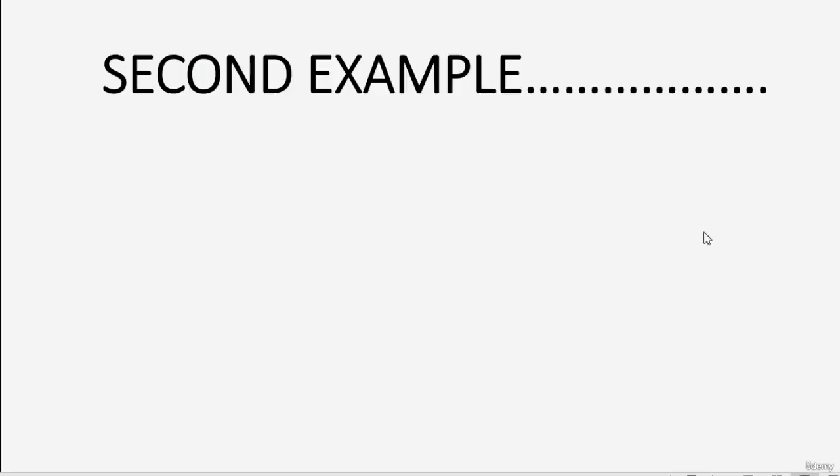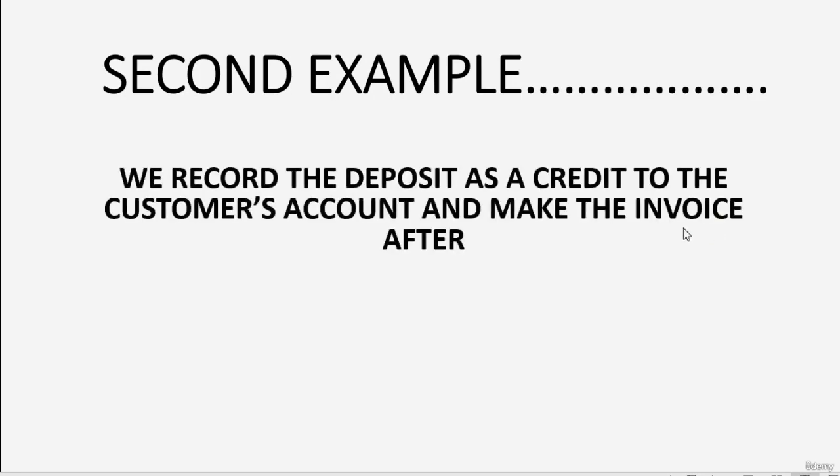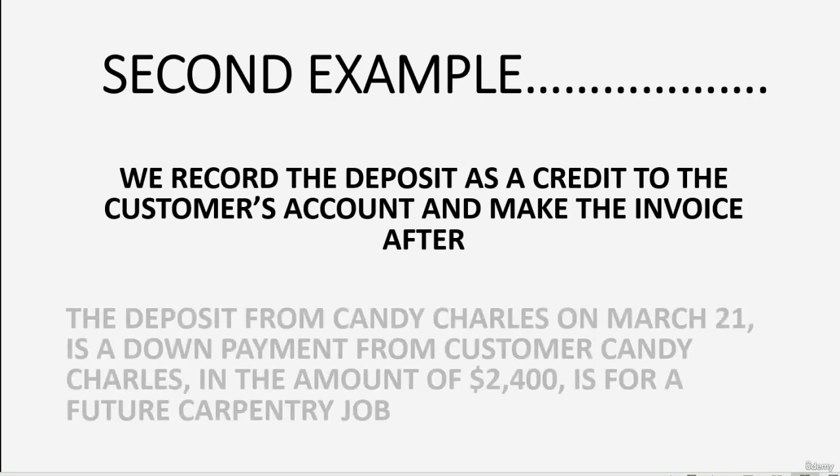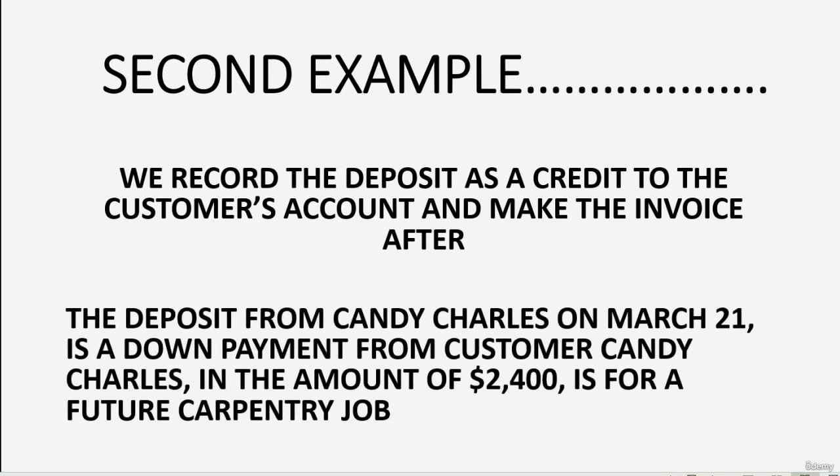Now, in our second example, it will be very similar, except the transactions will be in the opposite order. We record the deposit as a credit to the customer's account and make the invoice after. The deposit from Candy Charles on March 21 is a down payment from customer Candy Charles in the amount of $2,400, and it is for a future carpentry job.